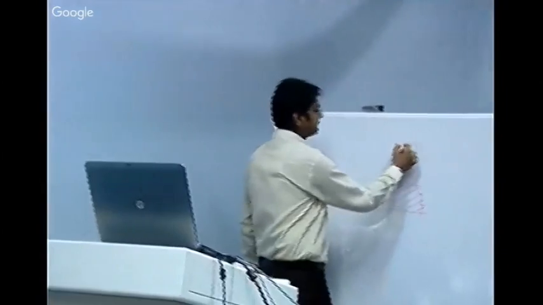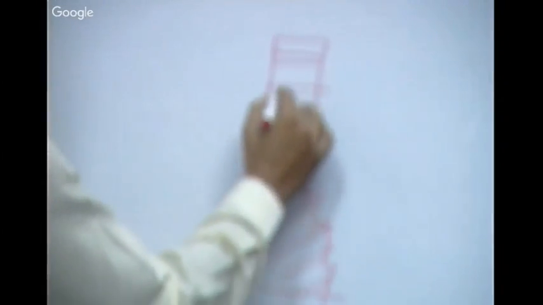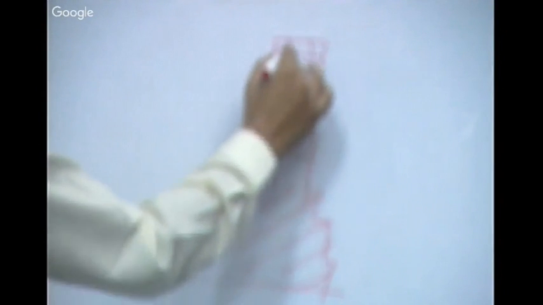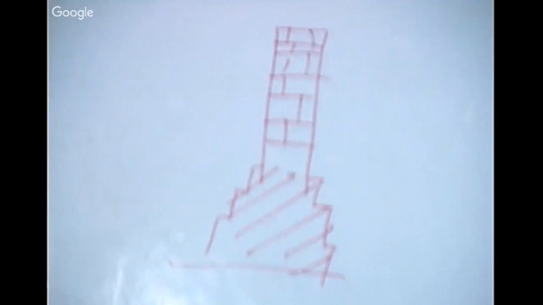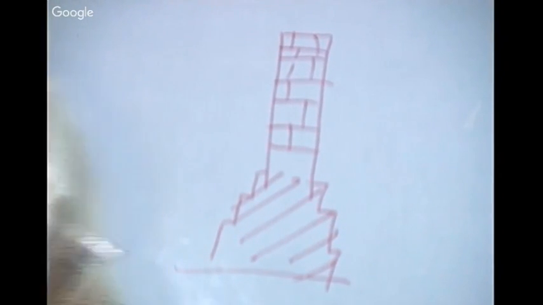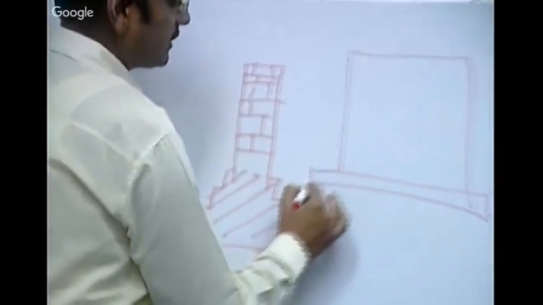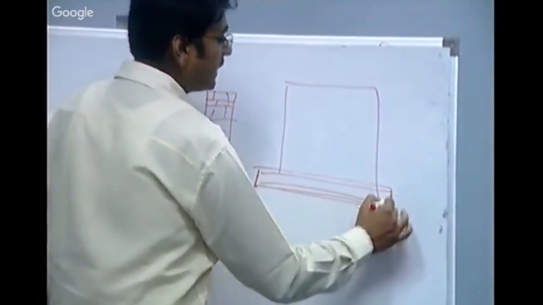This is the wall. A wall having an individual footing is called a strip footing. And if our house has a common foundation, this is called a raft footing. Raft means you have a common foundation for all the walls.